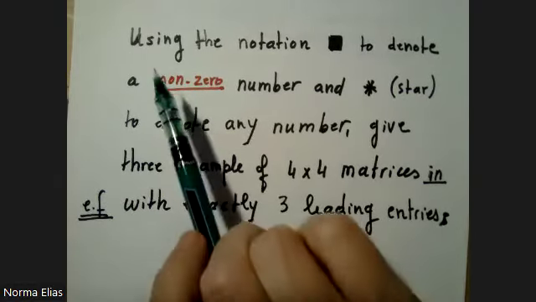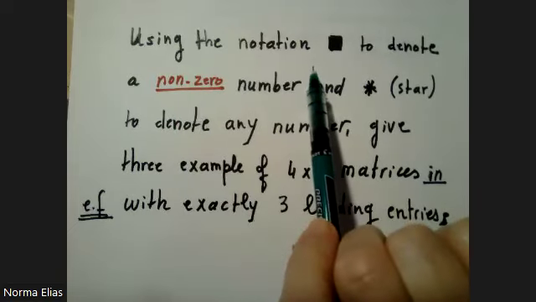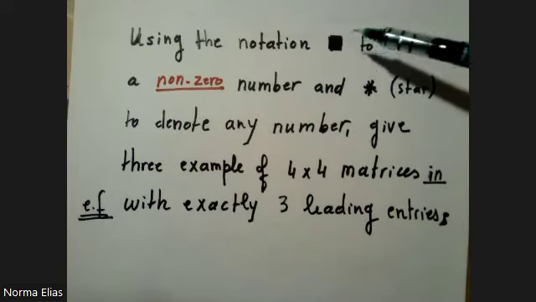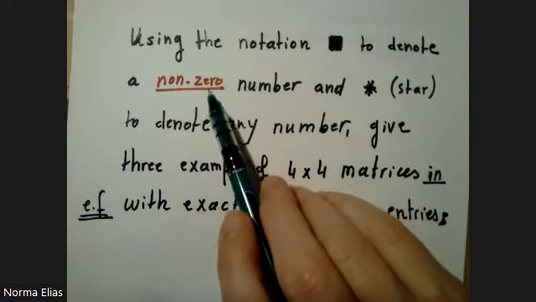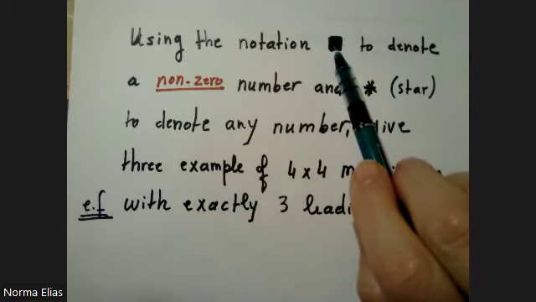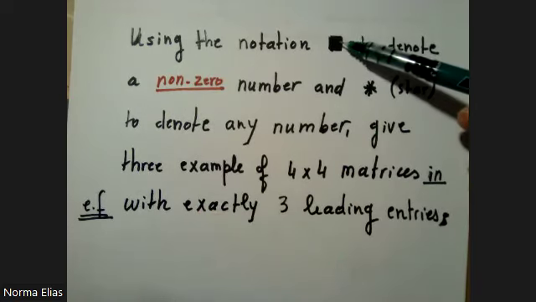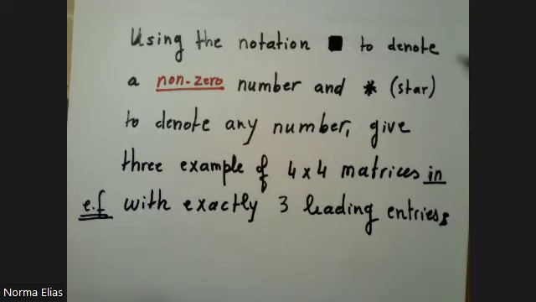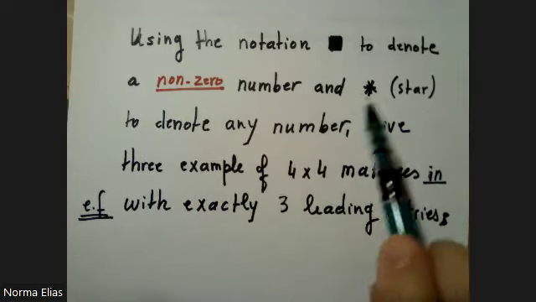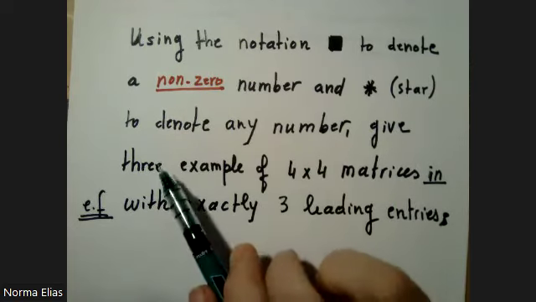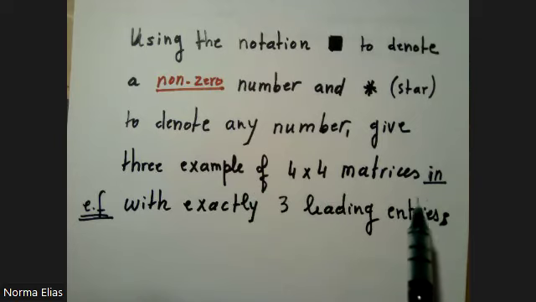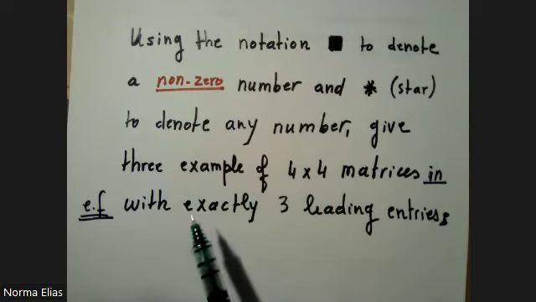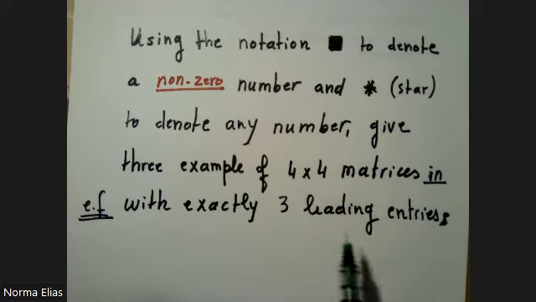The question is, using the notation, a black box, which is a notation we're going to use frequently, to denote a non-zero number, and a star to denote any number. So star could be 0. Give 3 examples of 4x4 matrices in echelon form with exactly 3 leading entries.